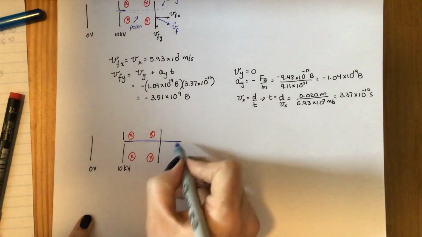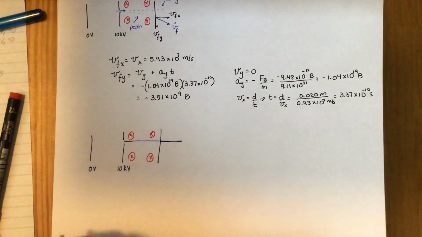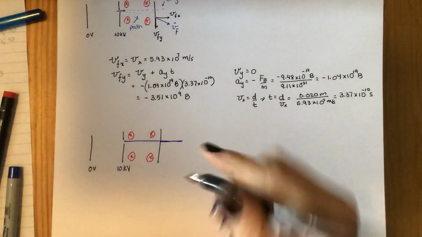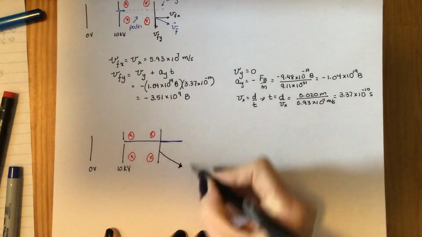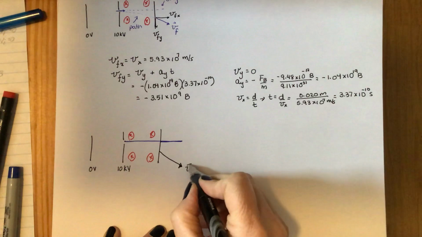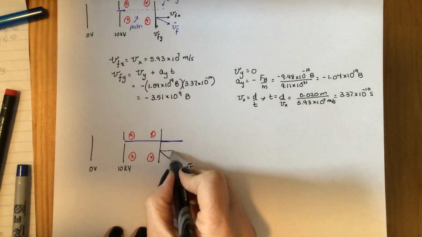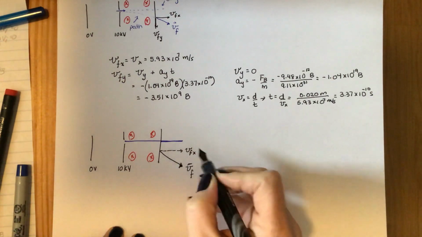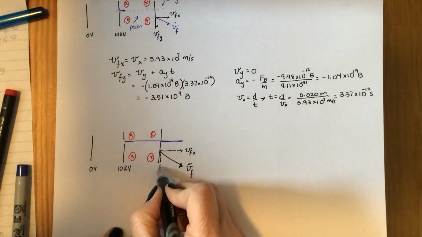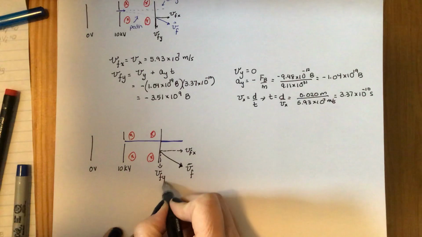Our final velocity looked like this, VF. That VF had components of V final x. These two guys are parallel because they're the same VF, the same speed. V final y, and this angle here, theta, is 10 degrees.